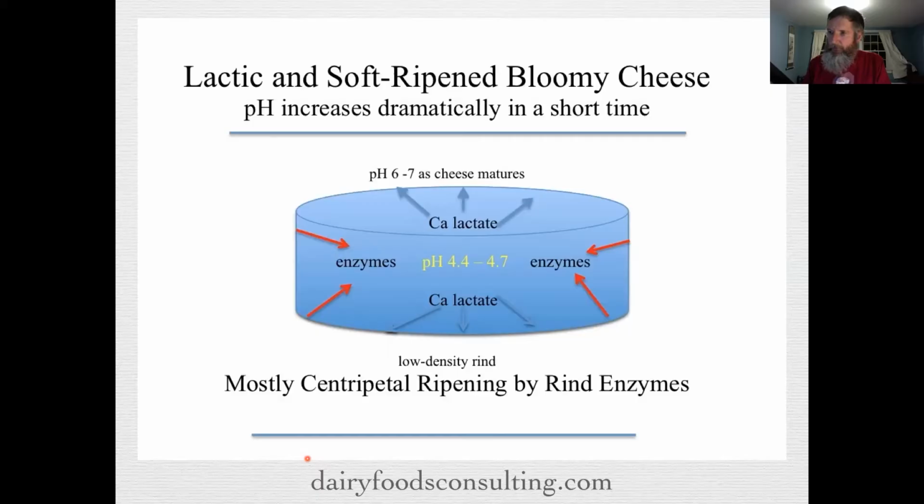So the traditional cheese making process delivered cheeses that had higher acidity than most cheeses that you would age. In the case of a lactic style cheese, it starts at about a pH of 4.4 or 4.5, and then you ripen that until it changes in flavor and becomes something else.